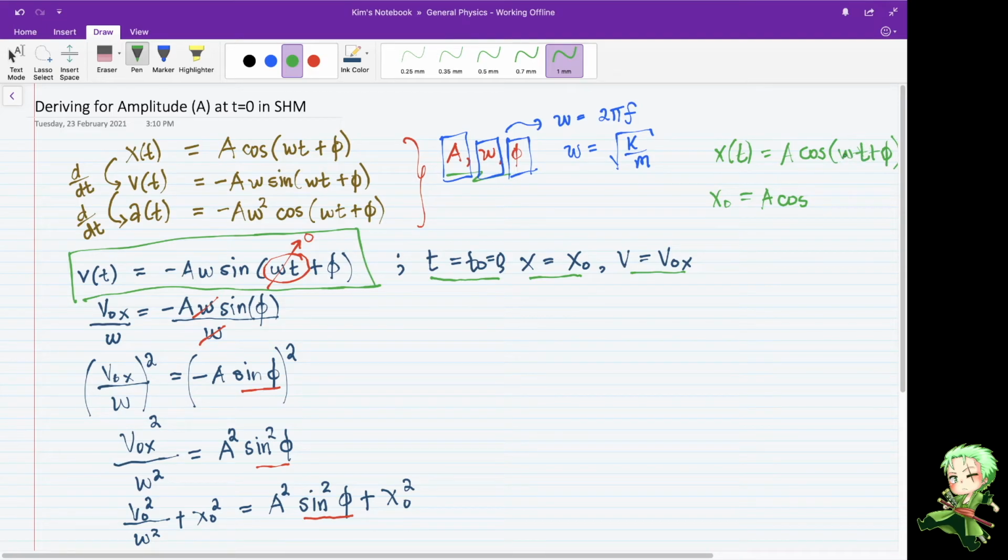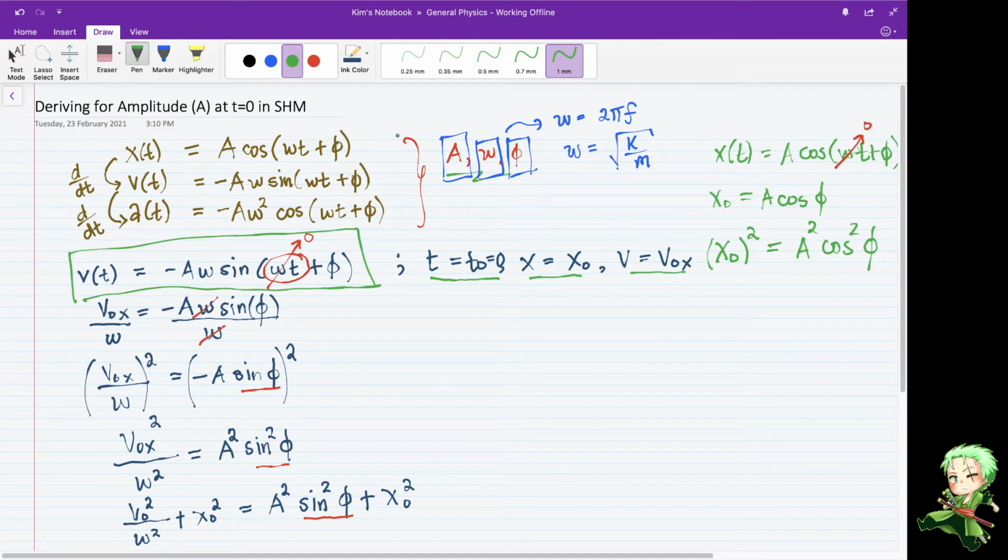So omega times 0 will just cancel out, that will be 0. That means that you are left with phi as your angle of cosine. So when you square x naught, the result is that you will have A squared and then the cosine squared of phi.